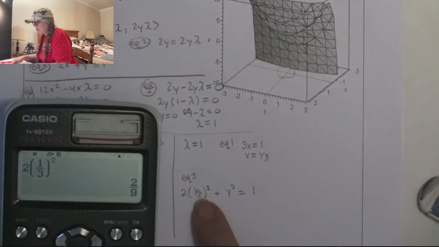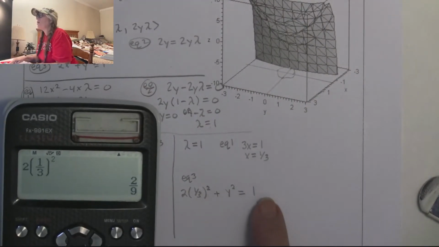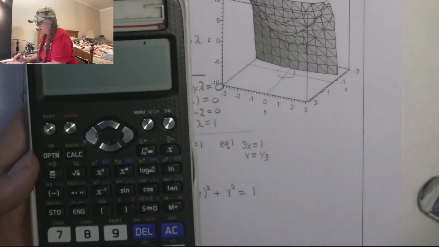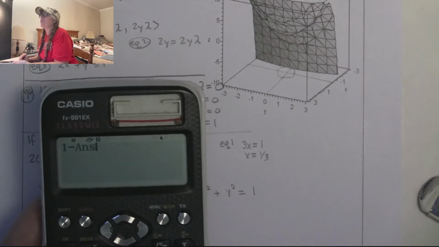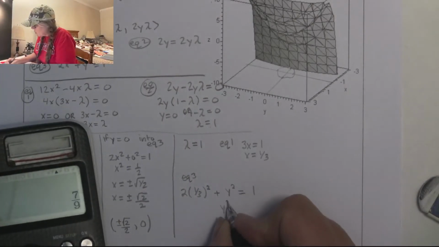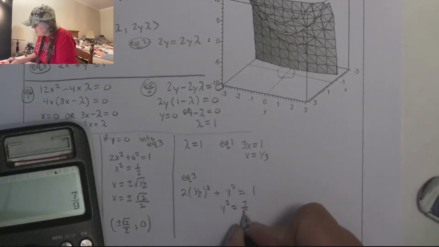So I have that here on this side, 2/9, and I want to take 1 away from it. So I want to do 1 minus that answer, which was 2/9, which is 7/9. So I have here y squared equals 7/9.